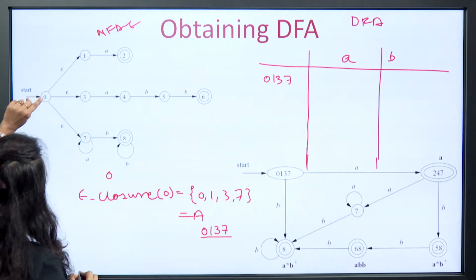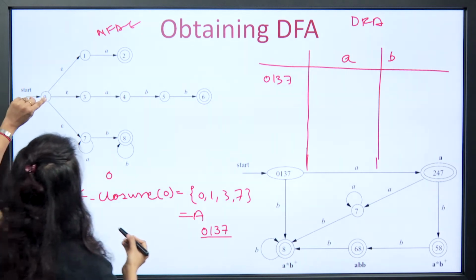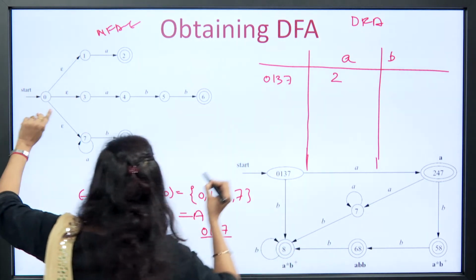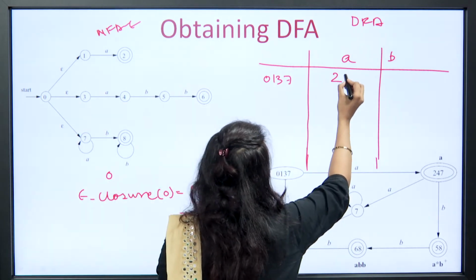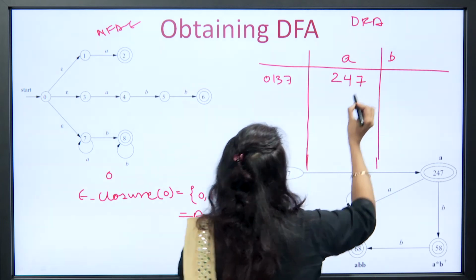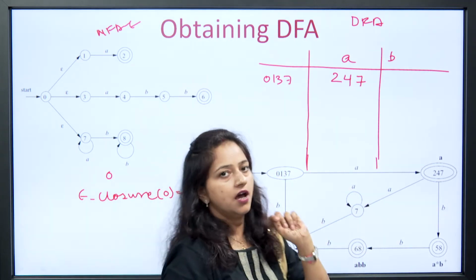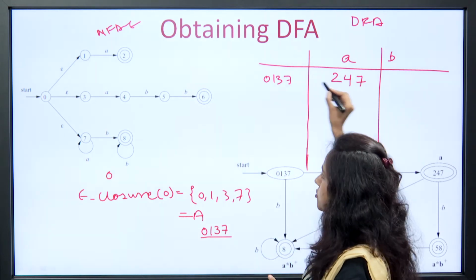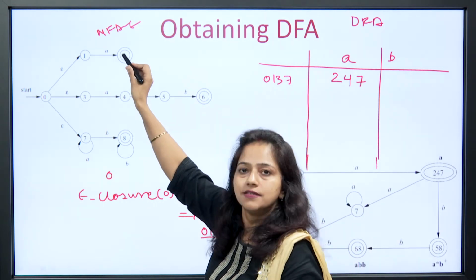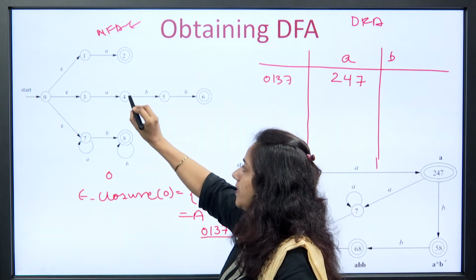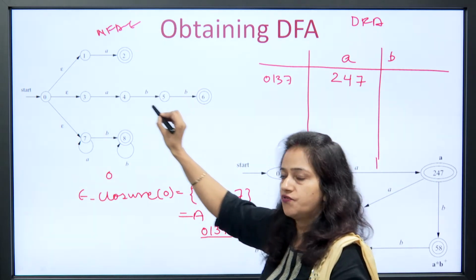Now, at 0 for A, no next transition; at 1 for A, next state is 2; at 3 for A, next state is 4; at 7 for A, next state is 7. Now, this is 2, 4, 7. Now, we will obtain E closure for every state. E closure of 2 is 2 itself, E closure of 4 is 4 itself, there is no outgoing null transition over here.